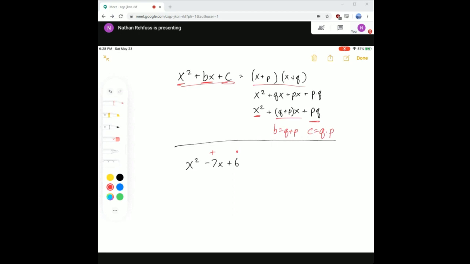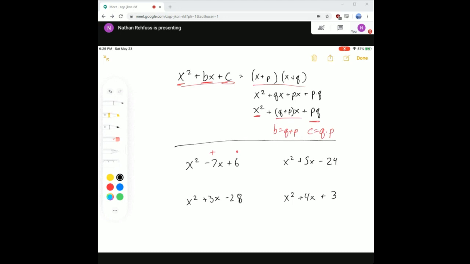In fact, let me write 4 of these up here. See if you can solve these. It has to add to the middle number and multiply to the last number. Go ahead and pause the video now.